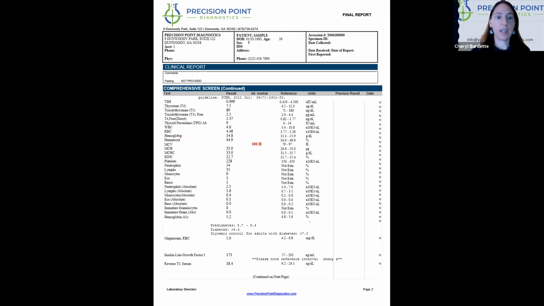The next ones that we should think about in terms of B vitamin deficiency are, of course, this category here, when we're looking in terms of what we would use to diagnose anemias.